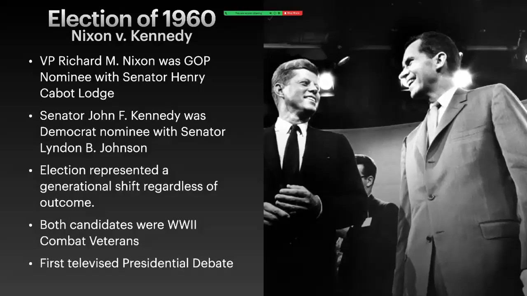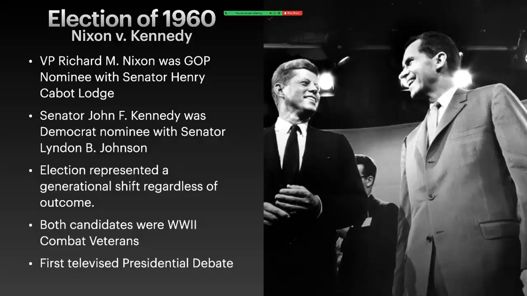Obviously, Franklin Delano Roosevelt was not out there storming trenches or anything like that. He was in a wheelchair. So this was a generational change. These two guys had come of age really in the period before the war, had fought in the war, and now were running for president.